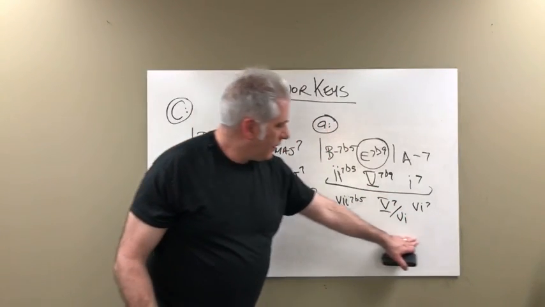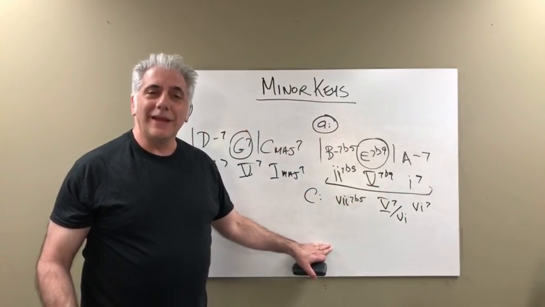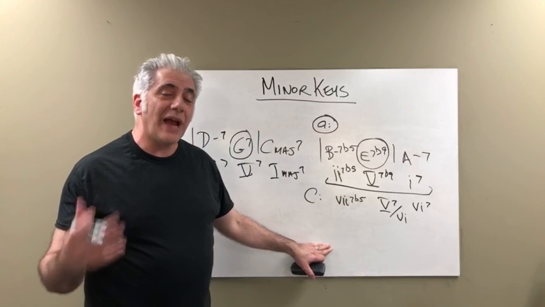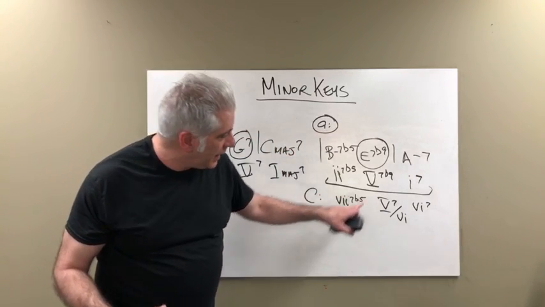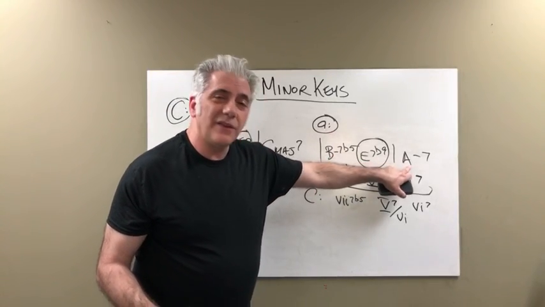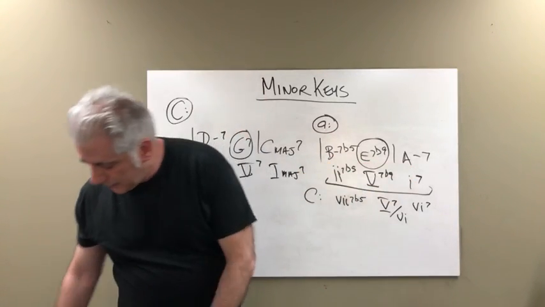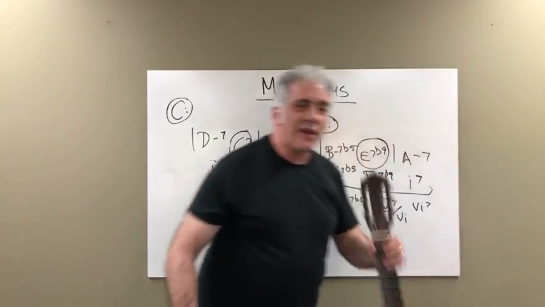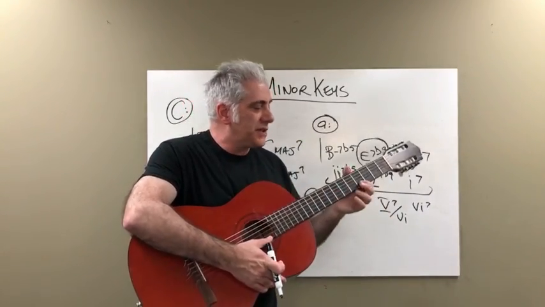But that is really not what it sounds like. It actually sounds like you've gone to the minor key because of this chord. Because this has a strong resolution tendency to this A minor. Because the 3rd of the E7 chord is the note G sharp, which is the leading tone.